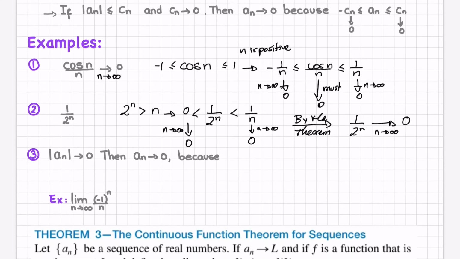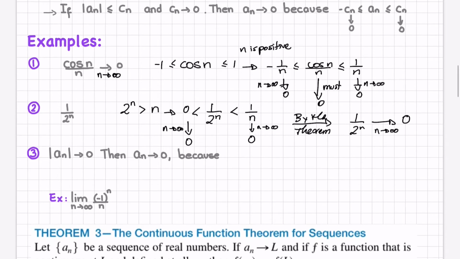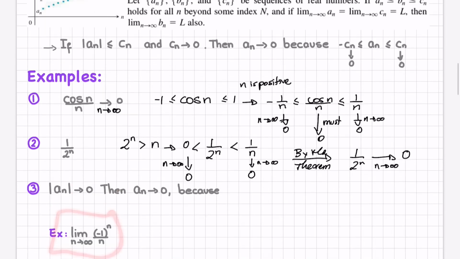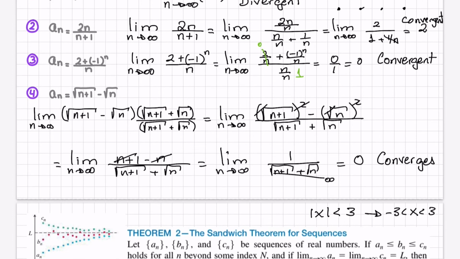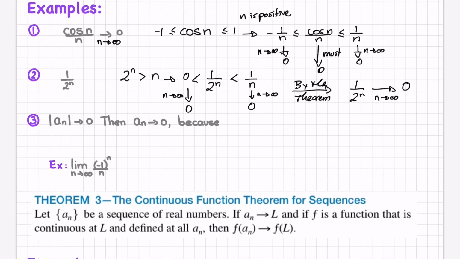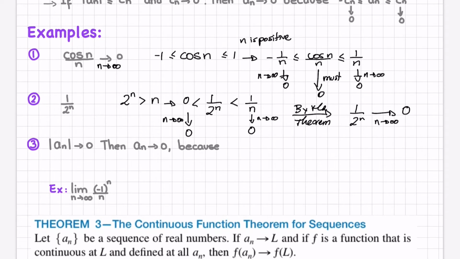Remember I told you we were going to show that this limit is 0. Now we have a tool to prove that, because if the absolute value approaches 0, then the sequence approaches 0.